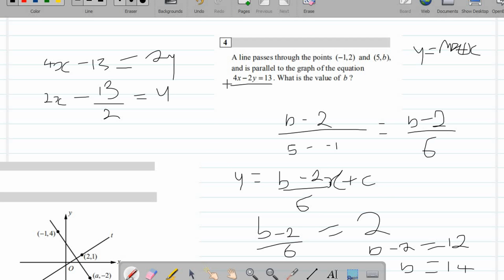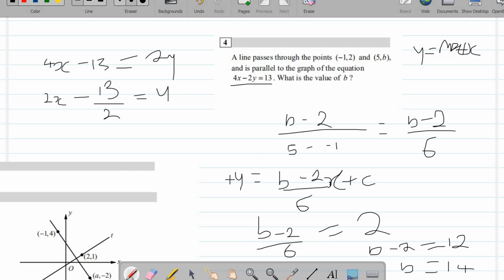Now this was the equation of the line, so we made y the subject of the formula so that we can have the form y equal to mx plus c. When we did that, it gave us 2x minus 13 over 2. So this is definitely the intercept, but this 2 here is the slope. Because the slope of this equation was b minus 2 over 6, we equate it to the slope, because the lines are parallel, meaning they're the same. So we have b minus 2 over 6 equal to 2, and that's how we got b equal to 14.